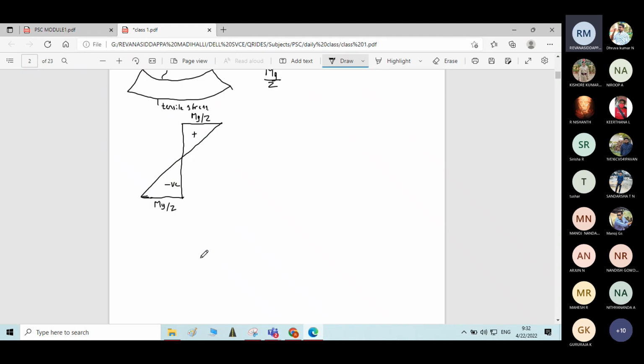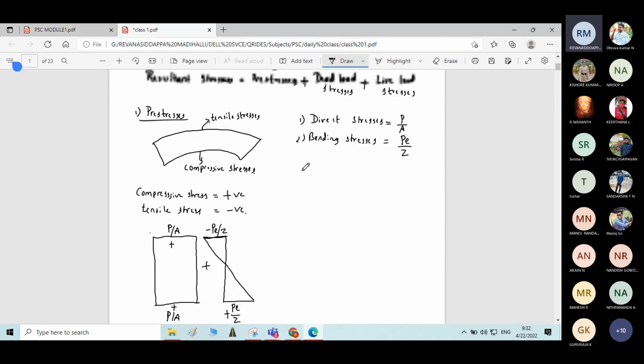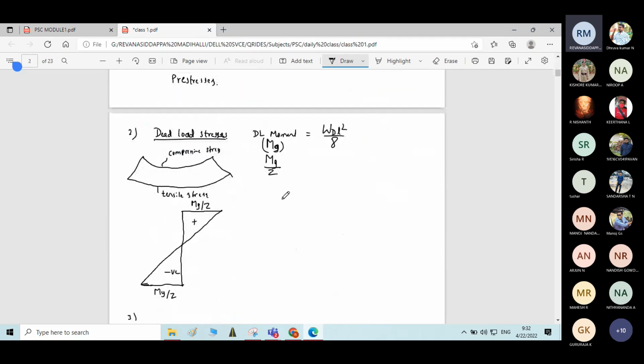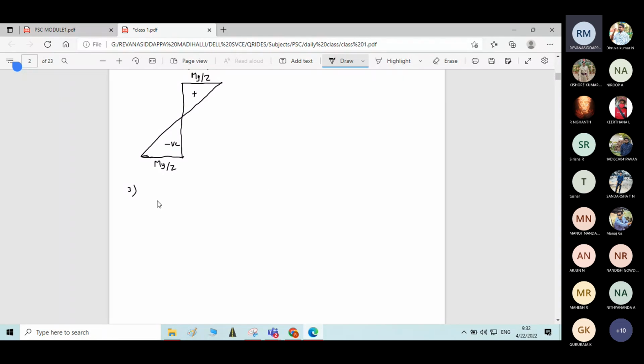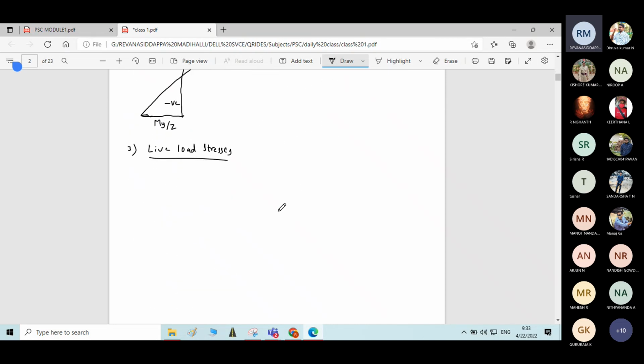Similarly, we write the live load stress distribution. The third one remaining is live load stresses, which we do now. Similar to the dead load stresses, we will find the live load stresses. First, you need to find the live load moment.